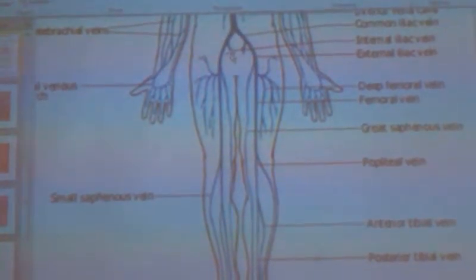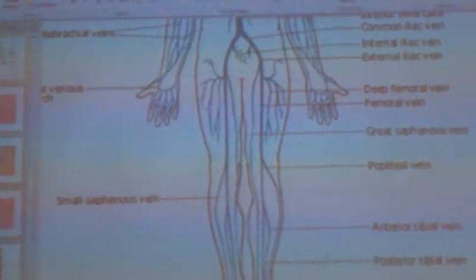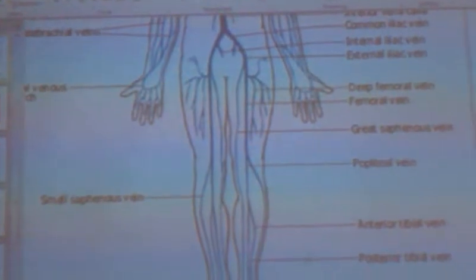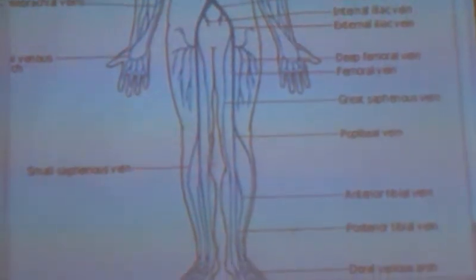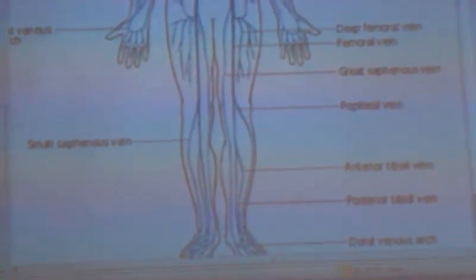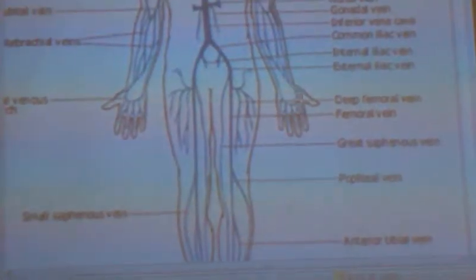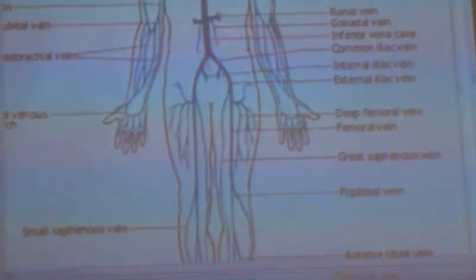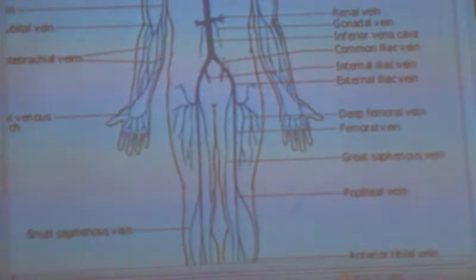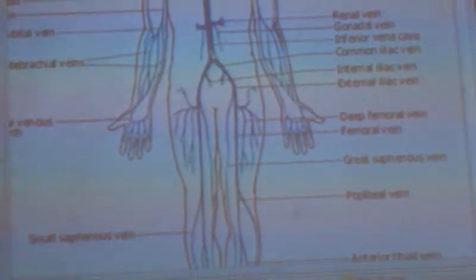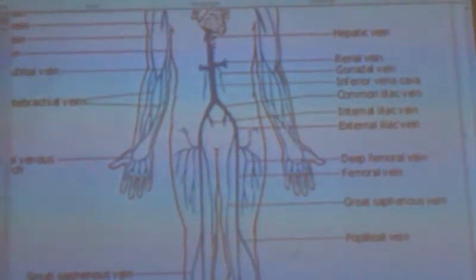And here we have our right internal iliac vein. We also have to identify the great saphenous vein on the right and the left. There's a great saphenous vein. And of course, all of these will ultimately drain into the right and left common iliac veins and then into the inferior vena cava.